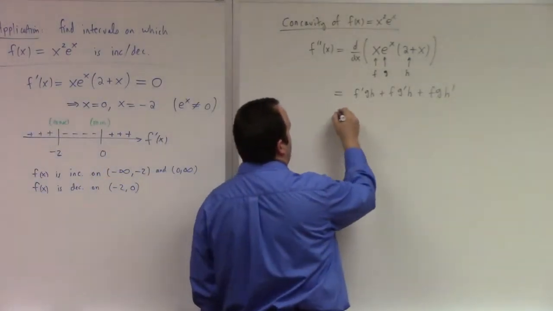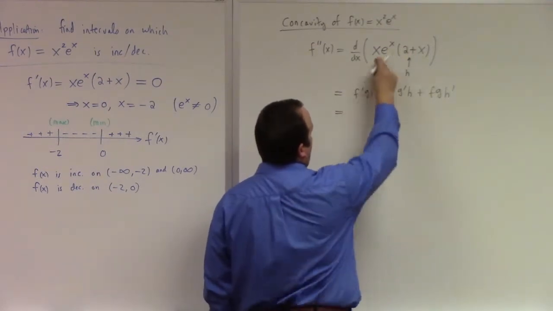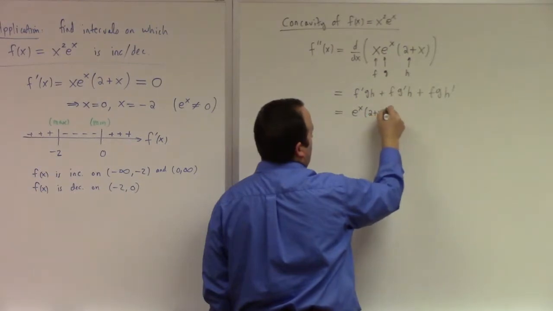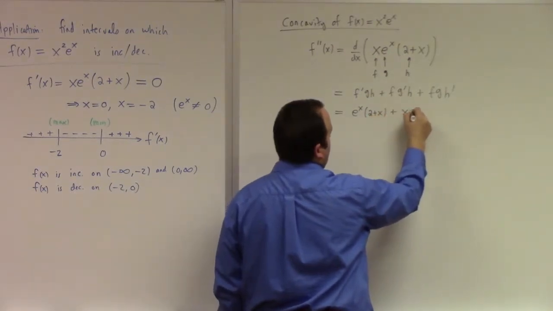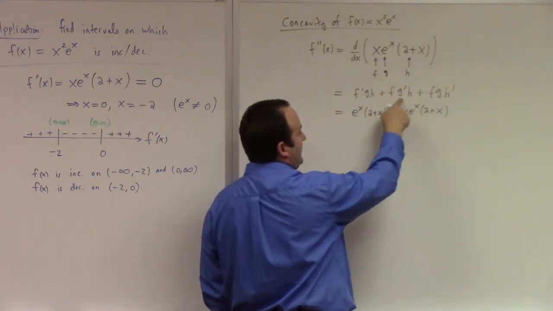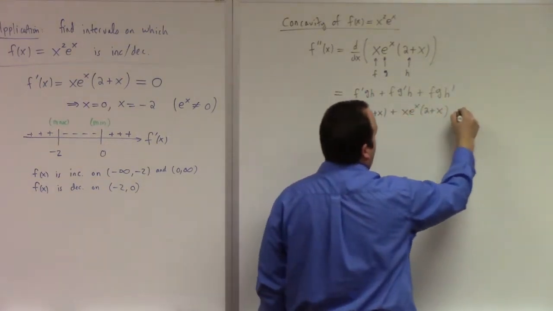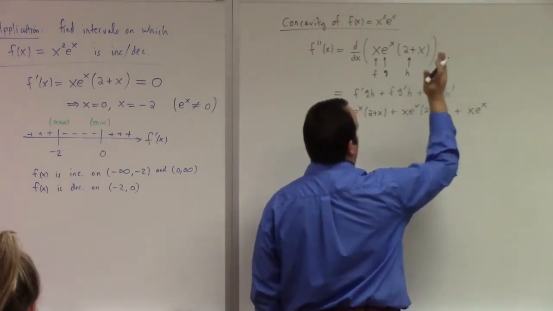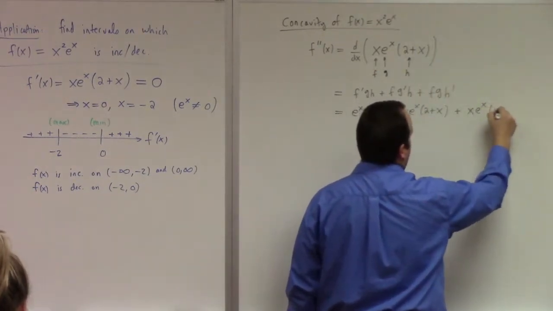And so what do you get? You get f prime is just 1, right? So we get e to the x times 2 plus x, plus x e to the x times 2 plus x, because the derivative of e to the x is just e to the x. And then plus x e to the x times 1, right?